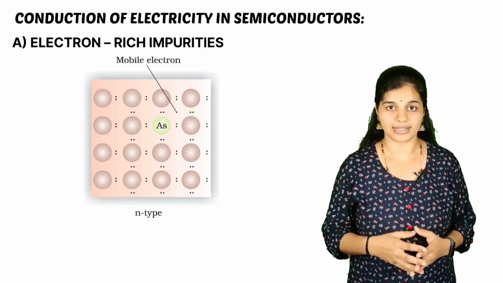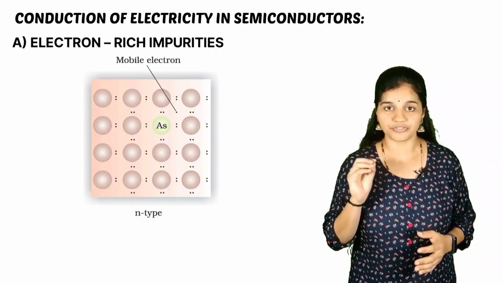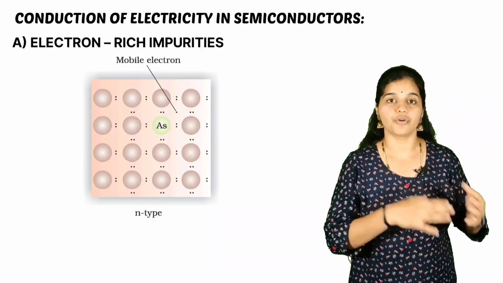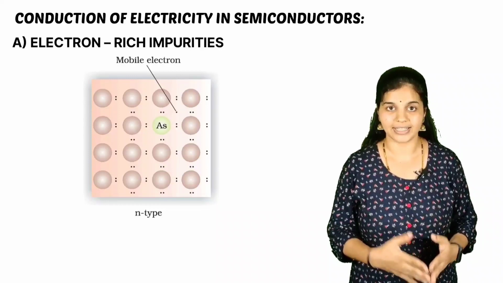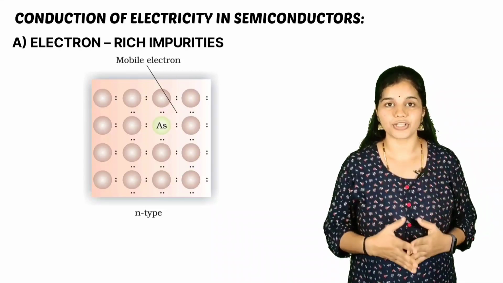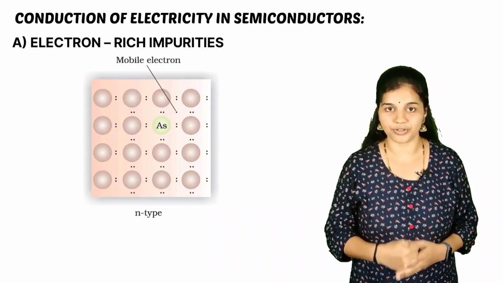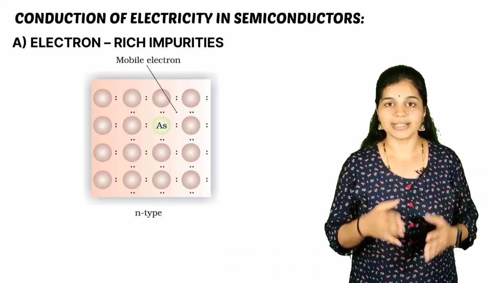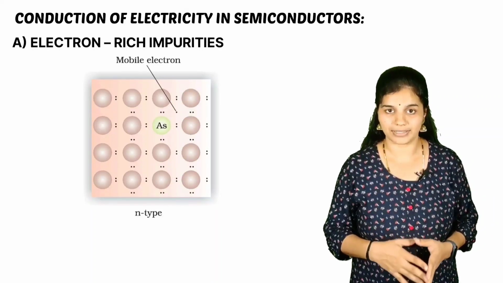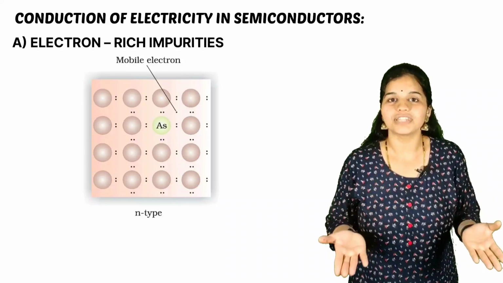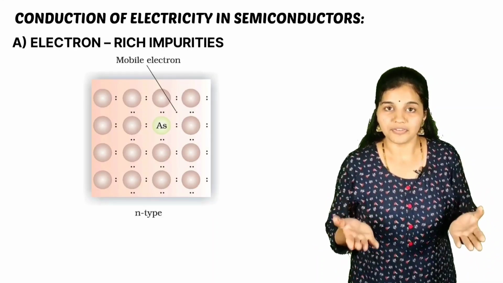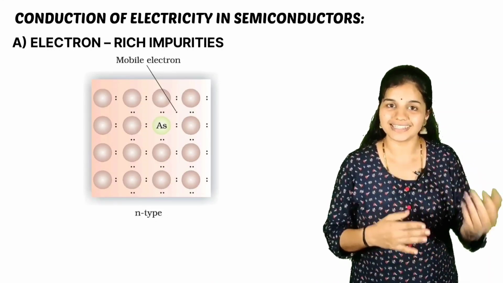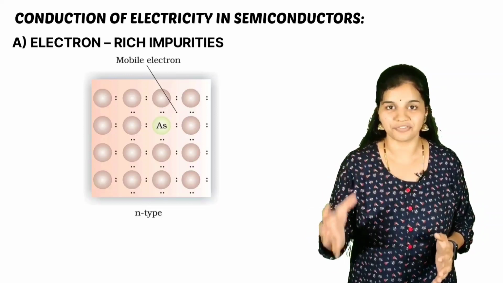4 out of the 5 valence electrons of phosphorus or arsenic are used in the formation of 4 covalent bonds with the 4 neighboring silicon or germanium atoms. What about the 5th electron? The 5th electron is extra and it becomes free.